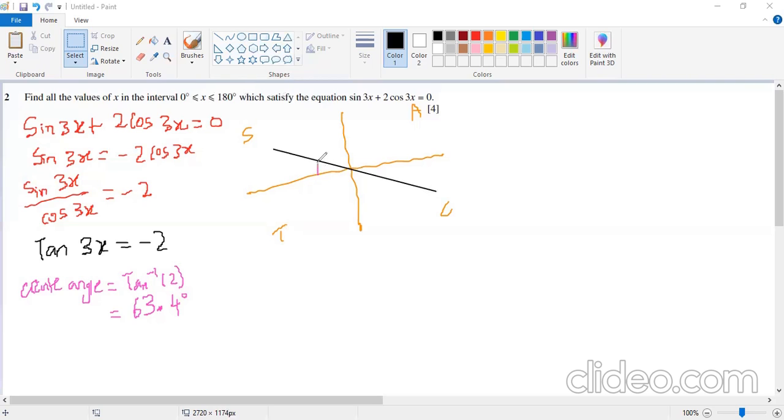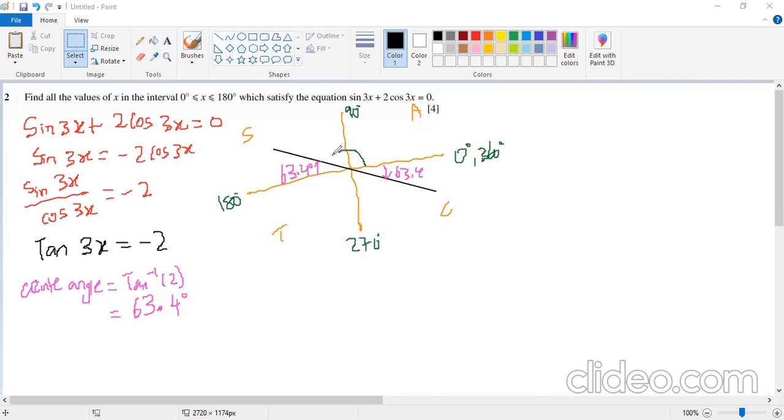Now the acute angle is labeled towards the x-axis, so 63.4 degrees from the horizontal. Then we go anti-clockwise for the positive measure: 180, 270, and 360.